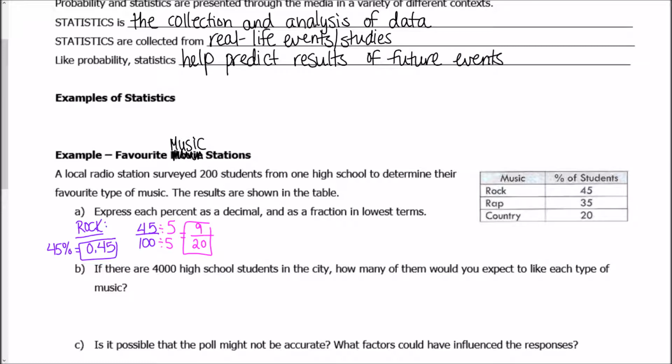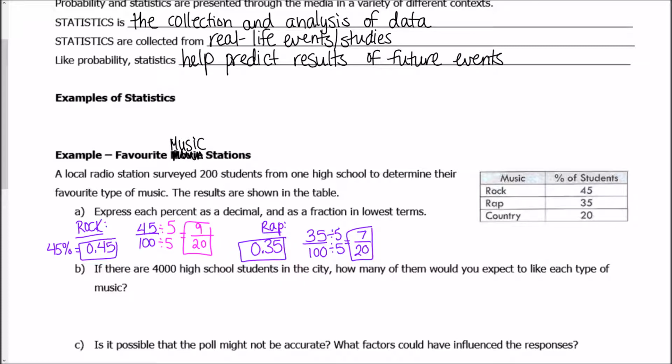Okay? The next one is rap. So what fraction of people like rap? So we know that 35% of people like rap. So as a decimal, we know that's 0.35. Now, as a fraction, we're going to do 35 over 100, and we're going to divide both of those numbers by 5, again because they're both divisible by 5, so we get 7 over 20.